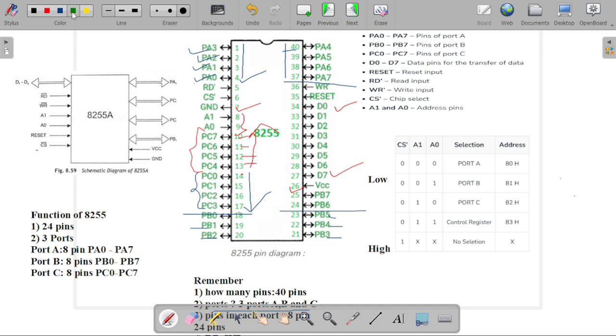The read and write signals are drawn at pin number 5 and pin number 36. Then we have to write the reset signal and the chip select signal. In that way, you can draw your pin diagram for the 8255.